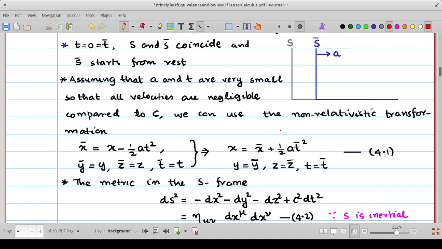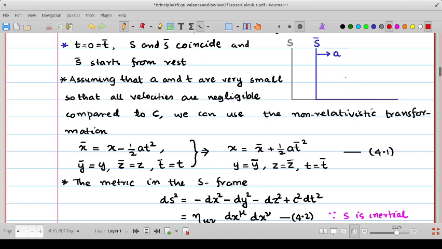So Lorentz transformations in the limit of v by c much less than 1 reduce to the transformation of the non-relativistic theory. So we have x dash, that is x bar, equal to x minus half a t square.